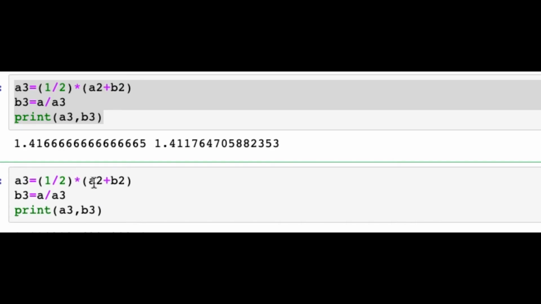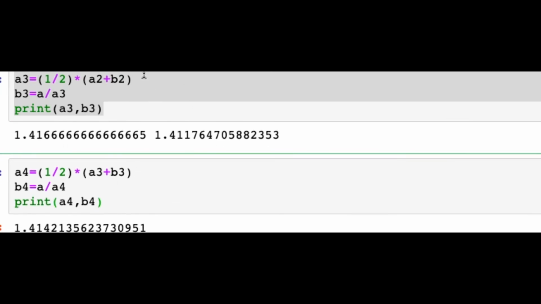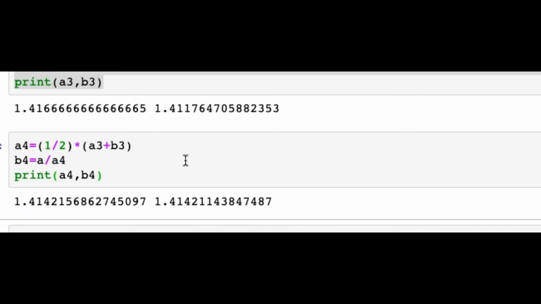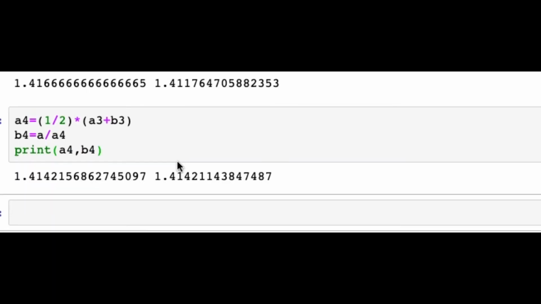So just repeat. A4 is 1/2 of A3 plus B3. B4 is A divided by A4. Print it out, A4, B4. Okay, run this. There we go. We're getting pretty close.